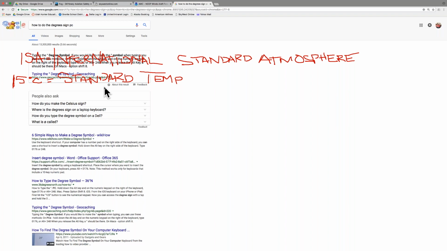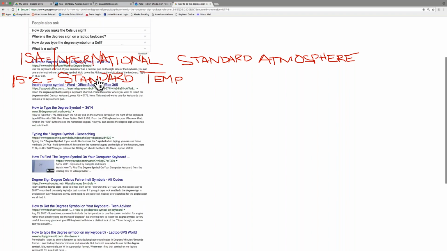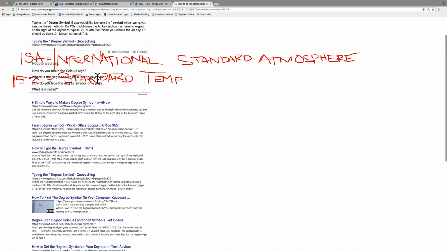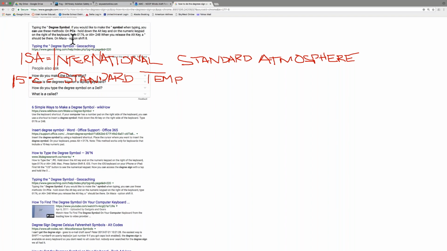Nope. Do you have the 10 key on the right side of your keyboard?